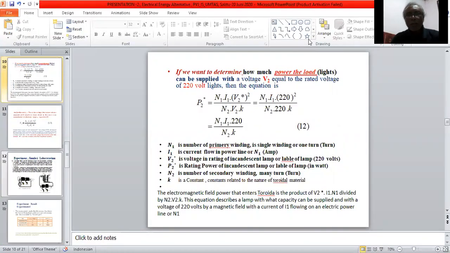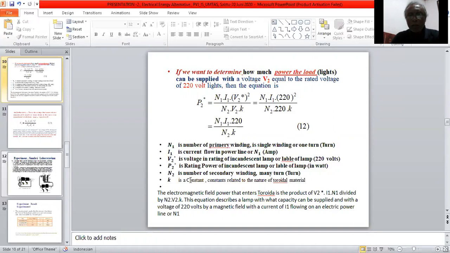And then, if we want to determine how much power the load or lamp can be supplied with a voltage V2 equal to the rated 220 volts of the lamp, then the equation is equation 12.